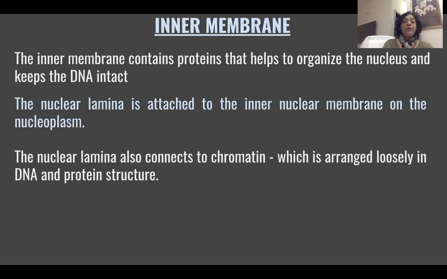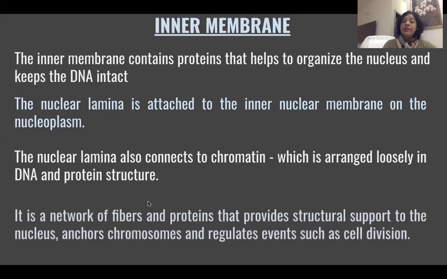Nuclear lamina is present near the inner side of the inner nuclear membrane. It provides mechanical support and it regulates cellular events such as DNA replication and cell division. Nuclear lamina is an array of protein filaments, and it maintains the shape of the nucleus by mechanically supporting the nuclear envelope.